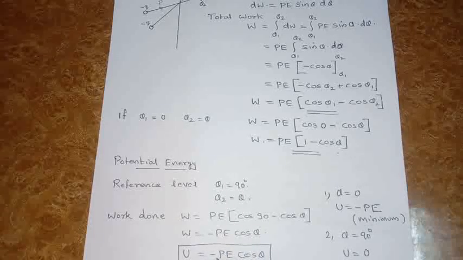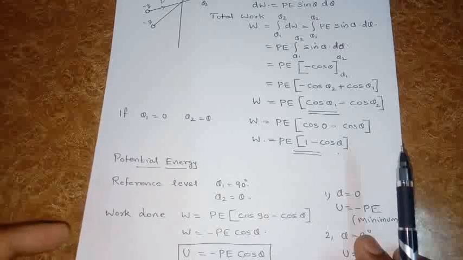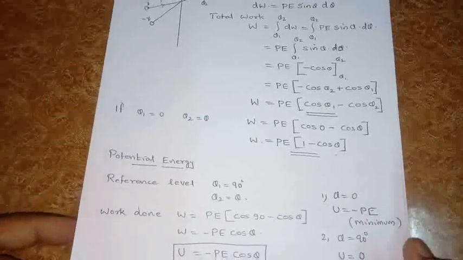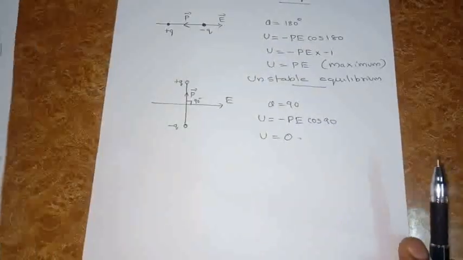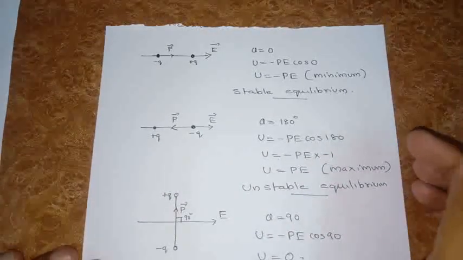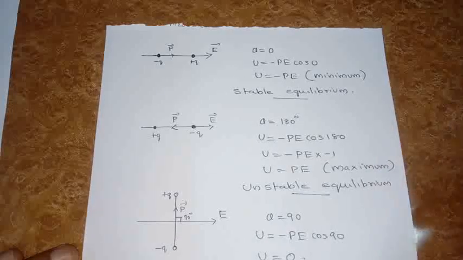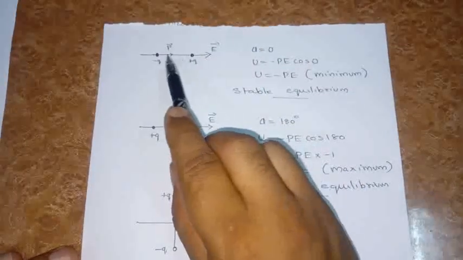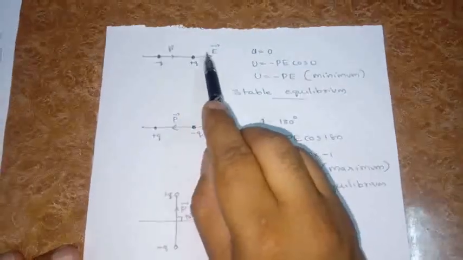Therefore, U is equal to minus pE cos theta; in terms of vectors, U is equal to minus p dot E. Now let us consider different cases of potential energy. You can see the first case, when the dipole is placed parallel to the electric field. Dipole placed parallel to the electric field means this is the direction of the electric field.